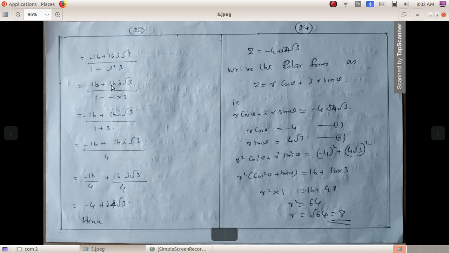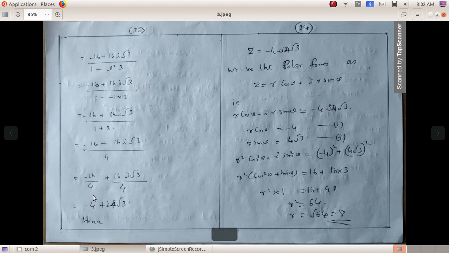Here minus 16 plus 16 i root 3, splitting into 2 terms: minus 16 by 4 plus 16 i root 3 by 4. After simplification we get minus 4 plus i 4 root 3. This is the standard form of the complex number.